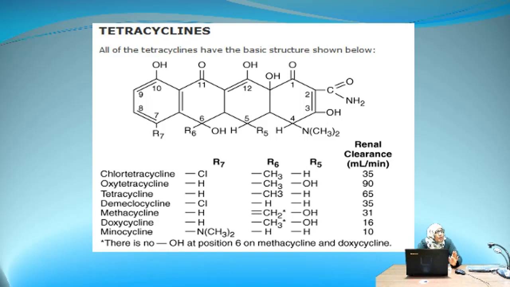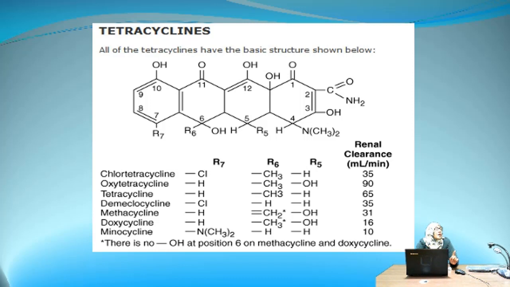For example, chlortetracycline has chlorine in position R7, CH3 in R6, and H or hydrogen in R5, while oxytetracycline has H in position 7, CH3 in R6, and OH at R5.